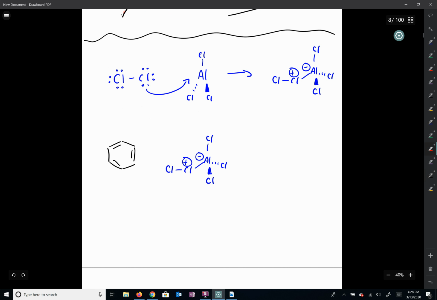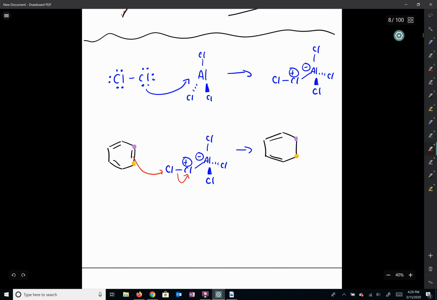Pi bond. It doesn't matter in this case, and we'll talk about what that means. Any pi bond will come in, hit that chlorine, and kick off that much better leaving group. So let's maintain here, let's say yellow, yellow and purple and purple.